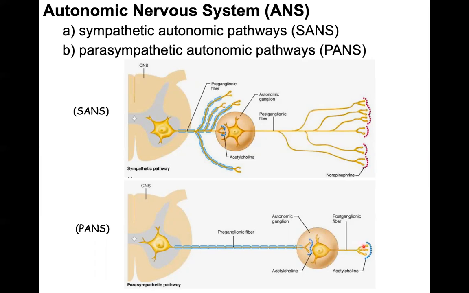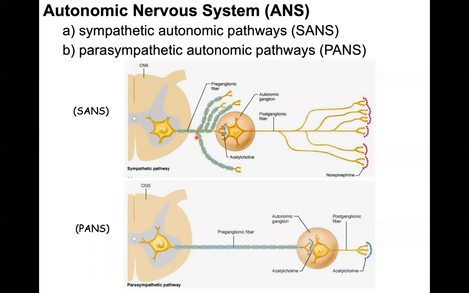Some other similarities and differences you might be able to tell just by looking at this image that there's a lot more branching in the sympathetic autonomic nervous system and no branching in the parasympathetic nervous system. This is because when you're having that sympathetic response, when you're startled, your whole body gets scared at once.